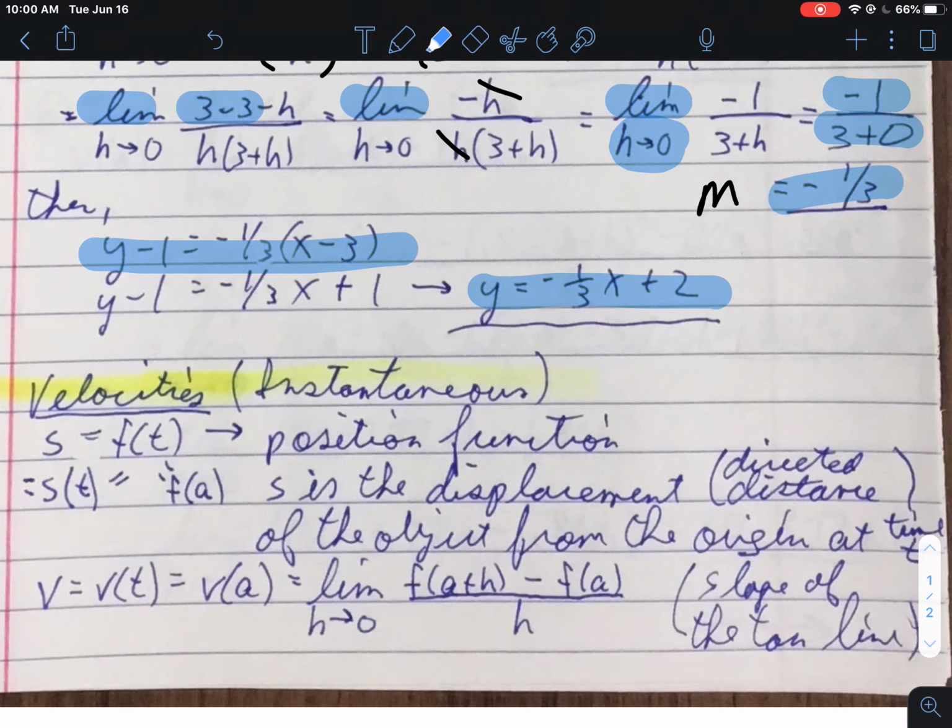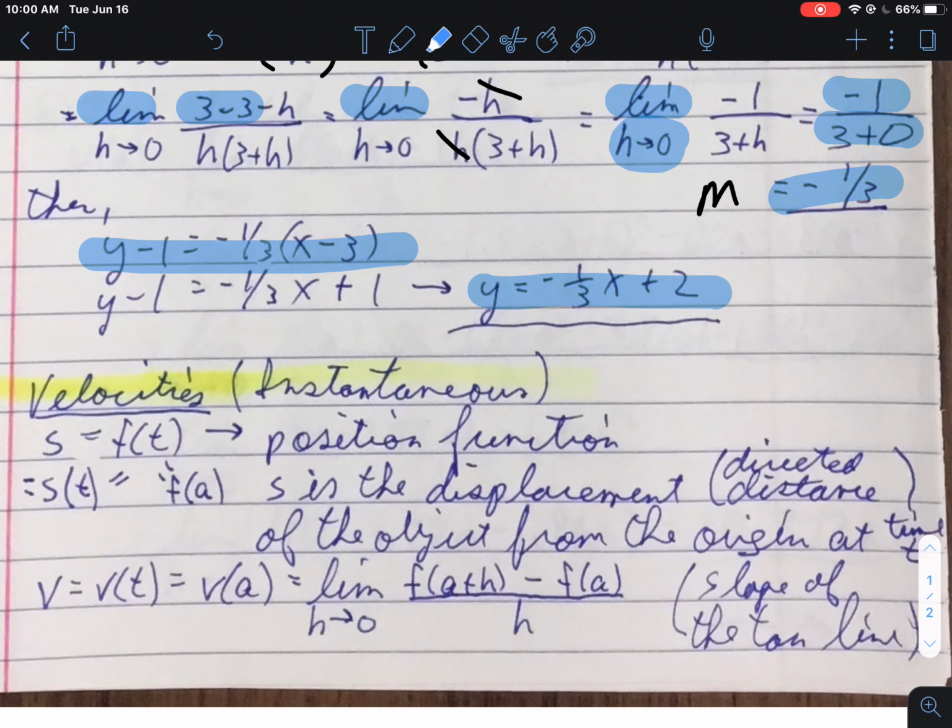Now, in the context of velocity, all of that was talking about the slope of the tangent line. But remember when we talked about secants and tangents before, we used the secant to find the slope of a tangent line. We also talked about velocity, average velocity and instantaneous velocity. There are a lot of applications of the derivative in terms of velocity, because velocity is the rate of change in position.